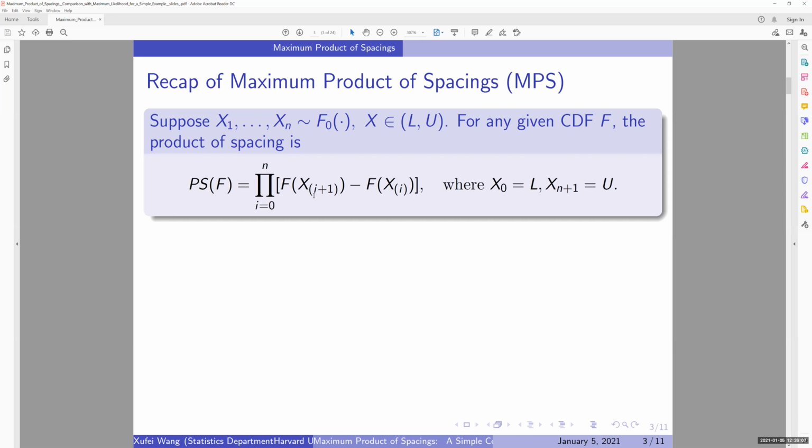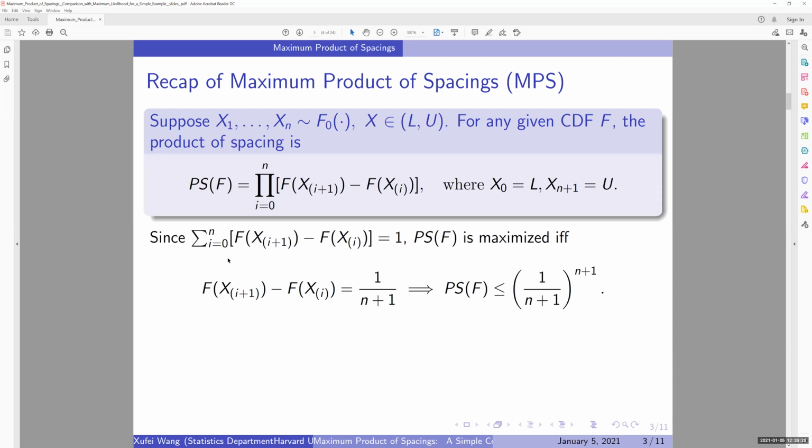And because we have so many observations, these observations help us separate the entire probability space into n+1 spaces, which have the summation as 1. So we can use each of the differences and take the product of them. This helps us define the product of the spacings.